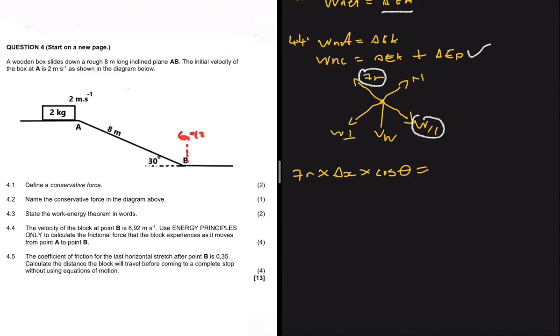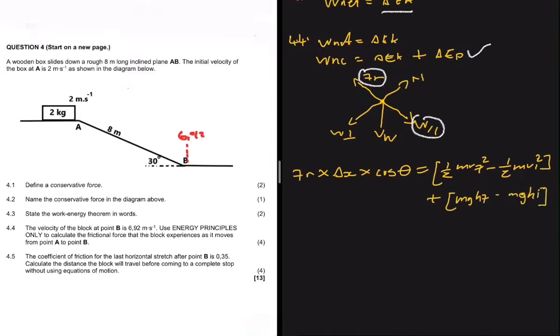If we compute that, we get a half m vf squared minus a half m vi squared, plus mgh final minus mgh initial.